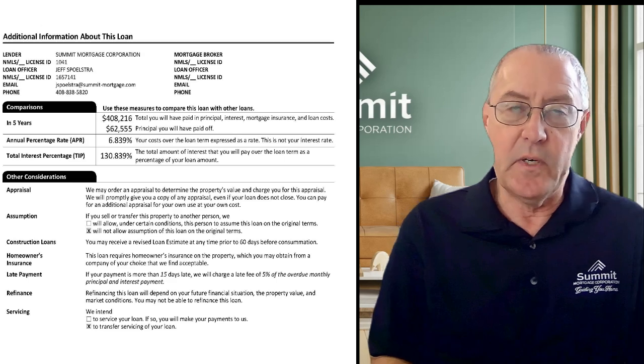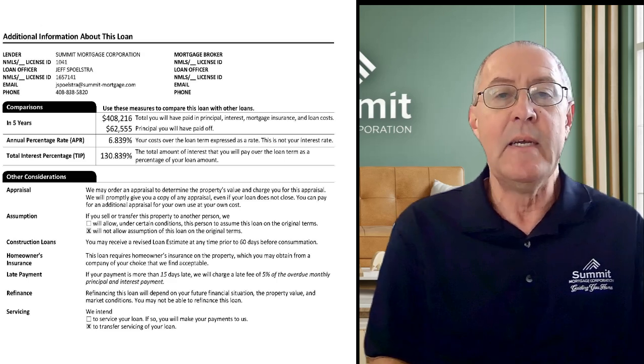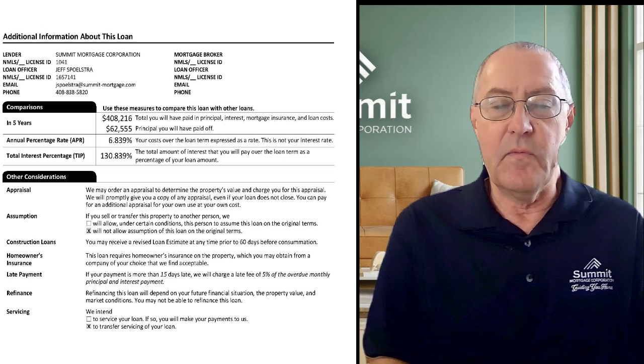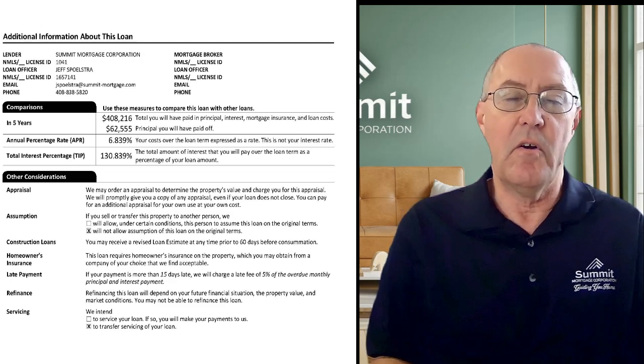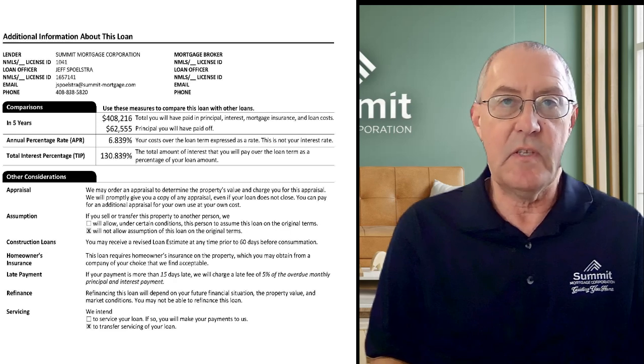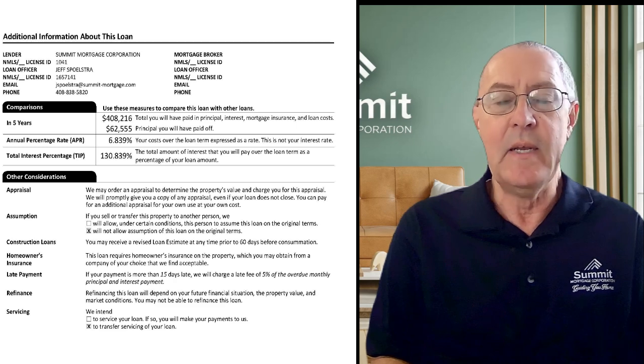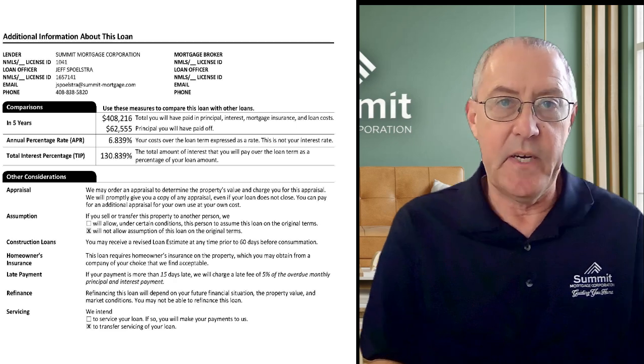Remember, page 1 says what your real interest rate is going to be. Your APR is, if we roll all of your costs together and all your interest and treat it as just interest, what equivalent interest rate that would be. That's your shopping number, right?